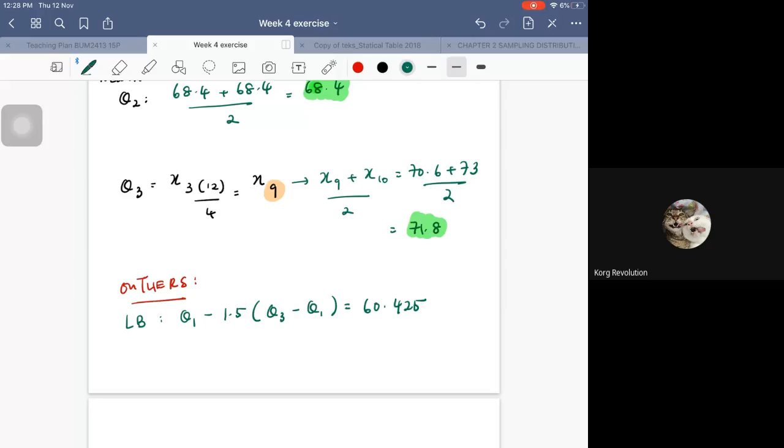This is actually slightly different from what I got earlier. No, it's the same. So the lower bound value is going to equal 60.425.